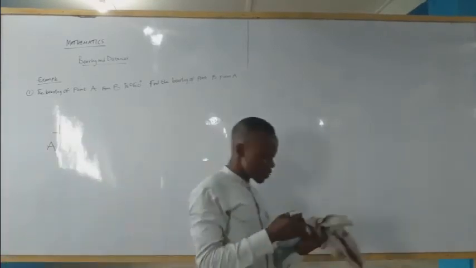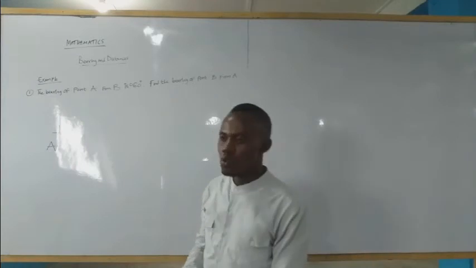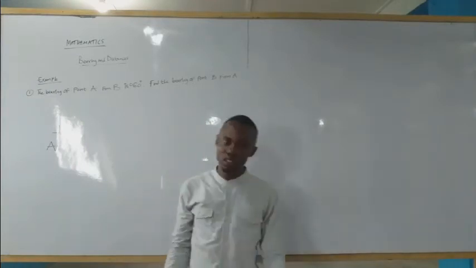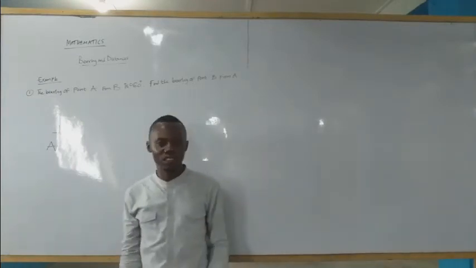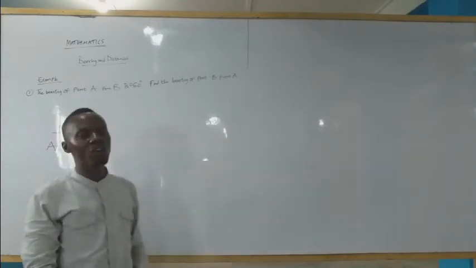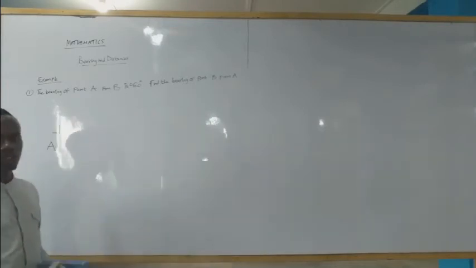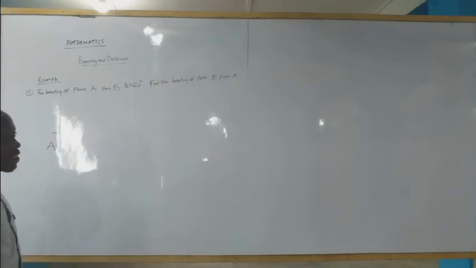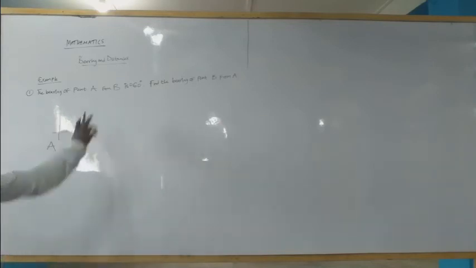To get to point B, we need two things. To move from one point to another, you need your bearing and the distance. If your bearing is not correct, then you can't get to your location. So your bearing and your distance must be correct. Here, they are saying we move from point A to point B.